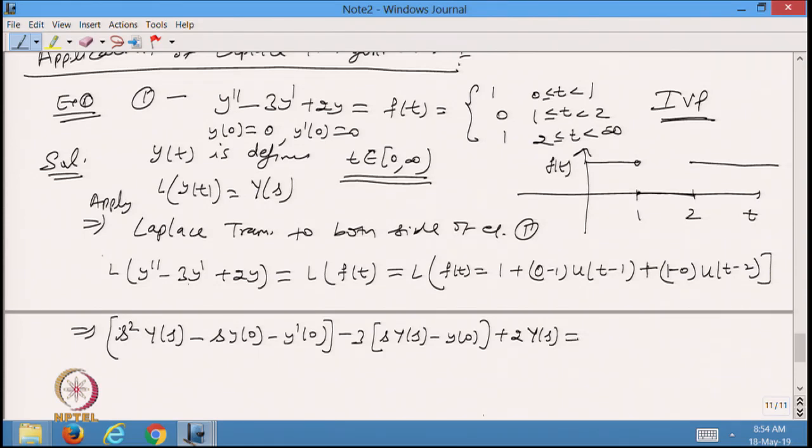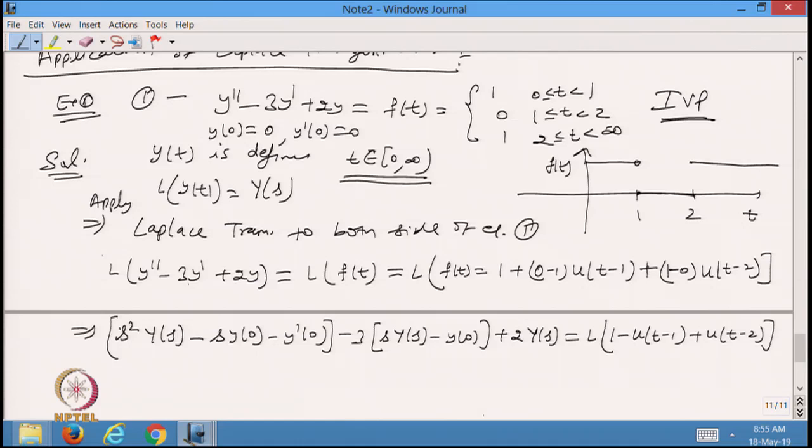And on the right hand side I want to take the Laplace transformation of the function. So, this function can be written as 1 minus u t minus 1 plus u t minus 2.